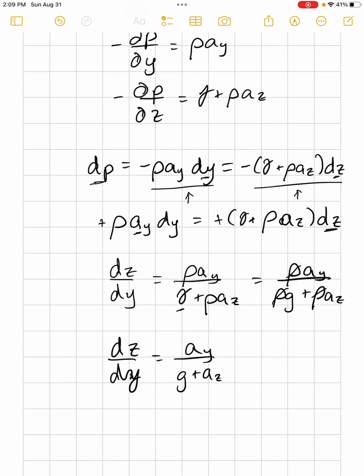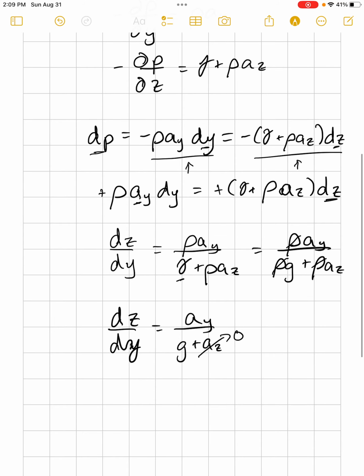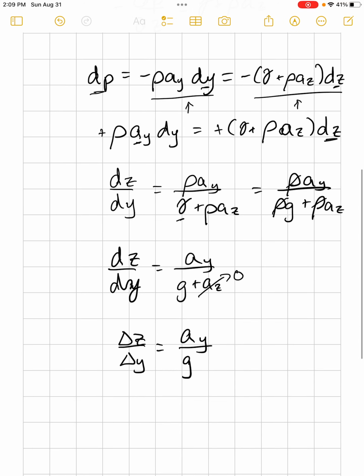Okay. Well, in this case, our car is not moving up or down, so it's not accelerating in the z direction, so we're just going to set this to 0. And so that means that our rise over our run, which we could also write as delta z over delta y, is going to be equal to the acceleration of the car in the y direction over the gravitational acceleration.